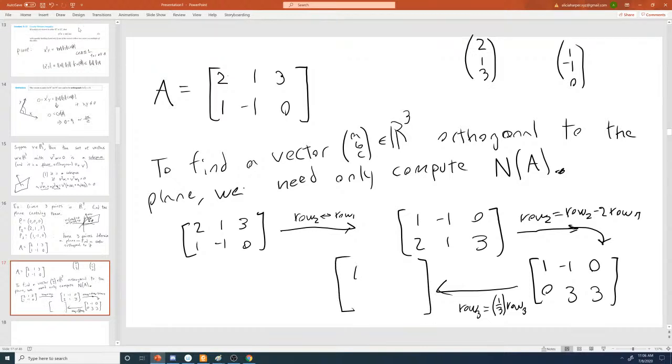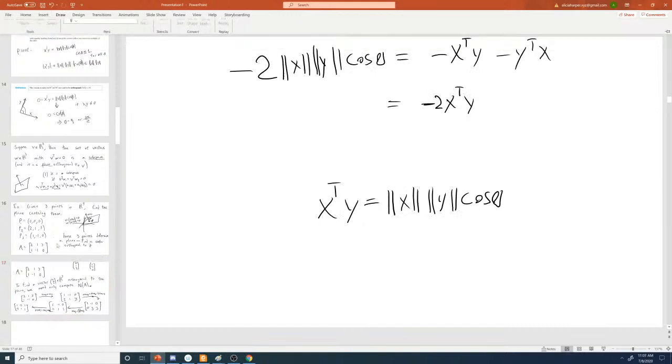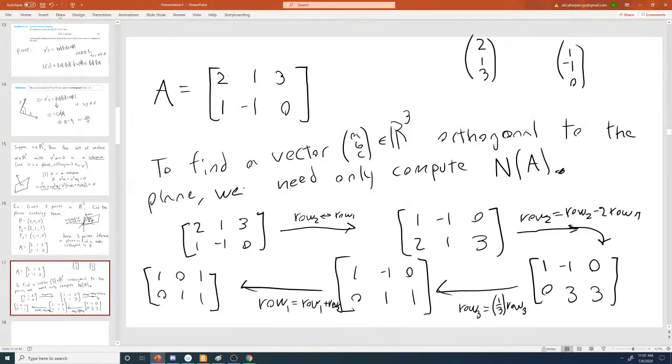And I get 1, -1, 0, 0, 1, 1. And the final thing I do is I set row 1 to be equal to row 1 plus row 2. After doing that, I have 1, 0, 1, 0, 1, 1. And so this right here is the row-reduced echelon form of A.